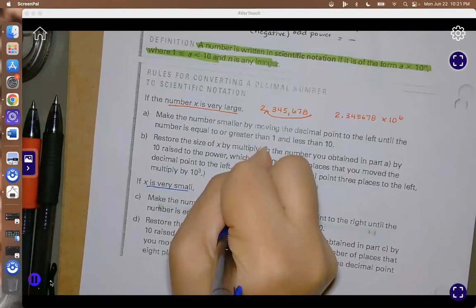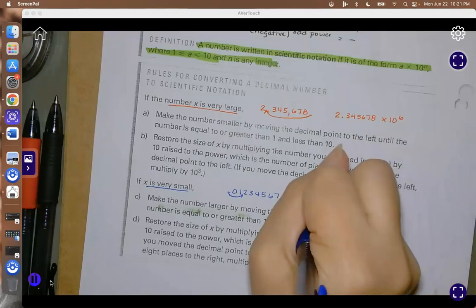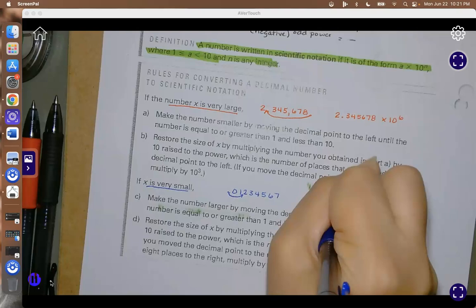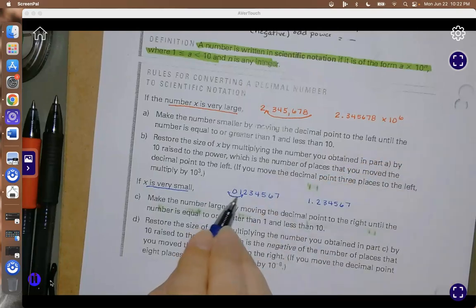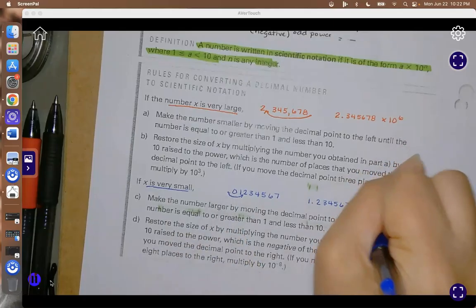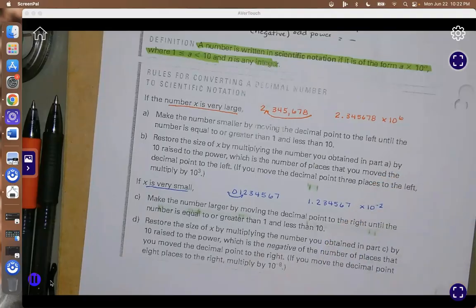So that means we're going to move it to right here. And it's 1 point, all the other numbers. And how many places did we move it? 2. Because this is a small number, it's a negative exponent.